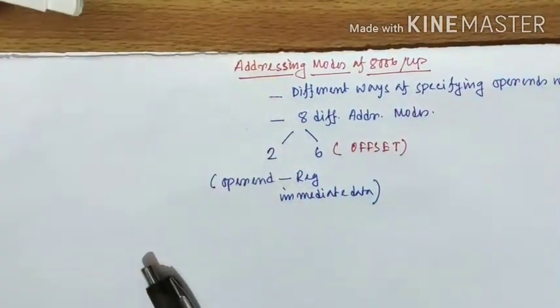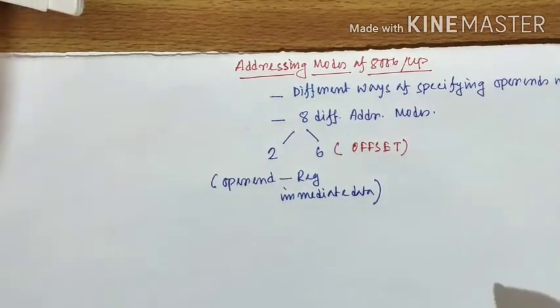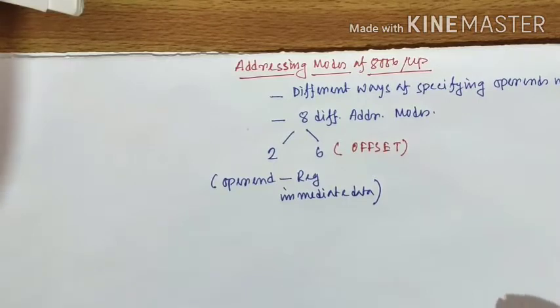So I am repeating it once again. We have 8 different addressing modes in 8086. What does it mean? It means that in 8086 microprocessor, whatever instruction we use, each of them can have different operands, and we can represent those operands in 8 different ways. That is why it has 8 different addressing modes. These 8 addressing modes can be divided into 2 parts.